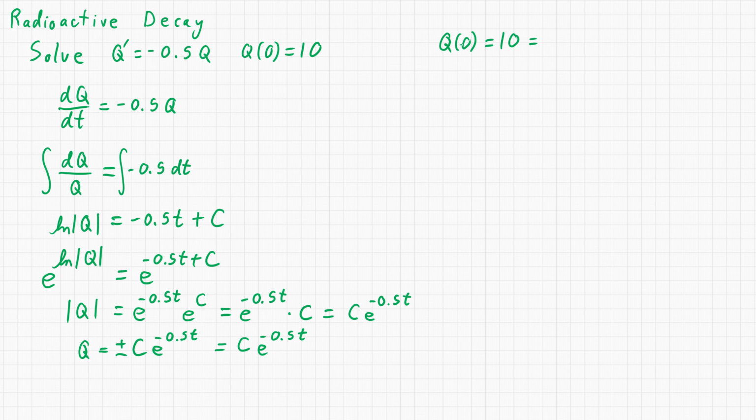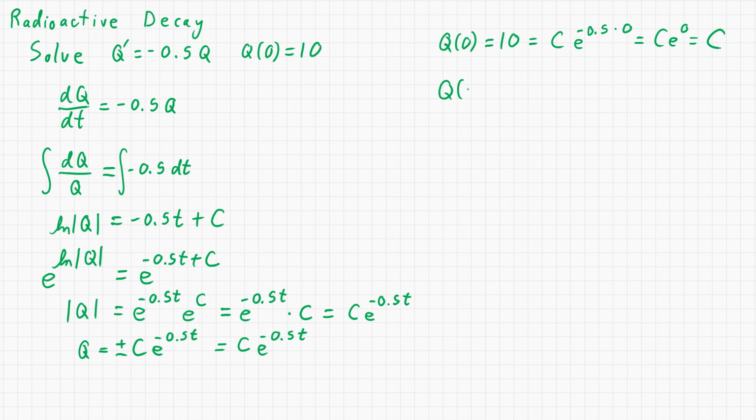But I can also plug in 0 for t in the general solution to the equation. So that is c times e to the negative 0.5 times 0. Well, that's c times e to the 0. That's just c. And so it turns out that the constant of integration just ends up being exactly the initial condition.